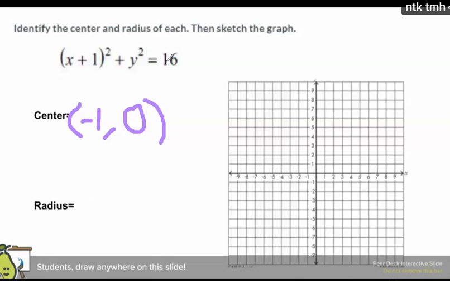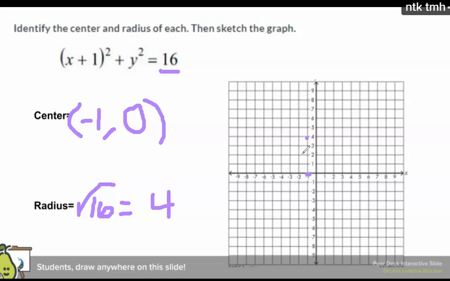Okay, so my radius, if this is 16, we want to take the square root of 16. So that's going to be 4. Right? So 4 is going to be our radius. So my center is at (-1, 0), and it's 4 units long for the radius.